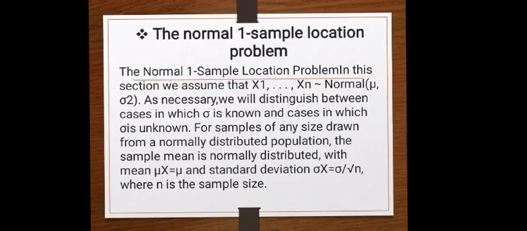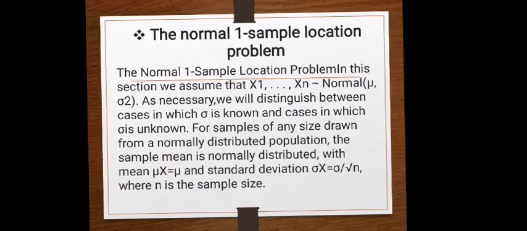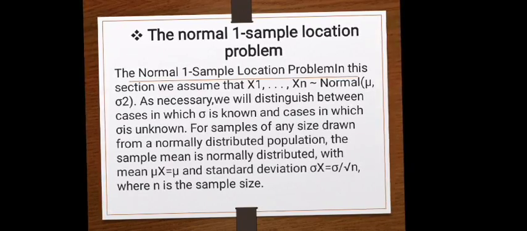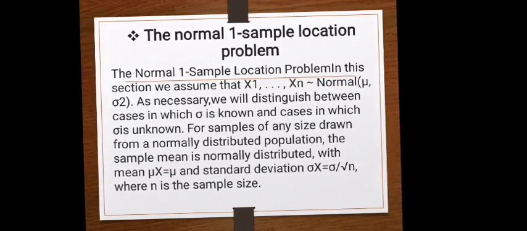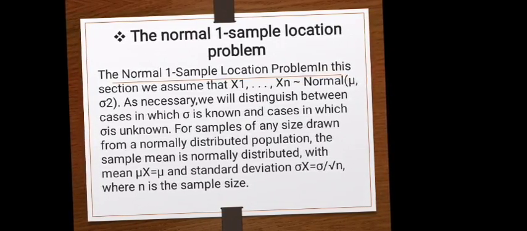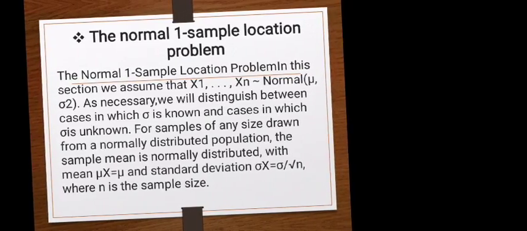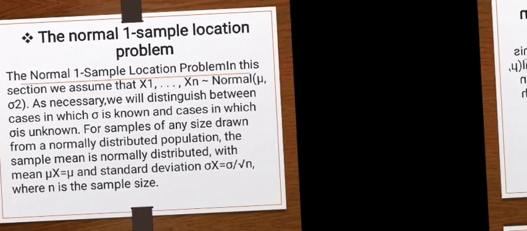For samples of any size drawn from a normally distributed population, the sample mean is normally distributed, with mu of X-bar equal to mu and standard deviation sigma of X-bar equal to sigma over root n, where n is the sample size.